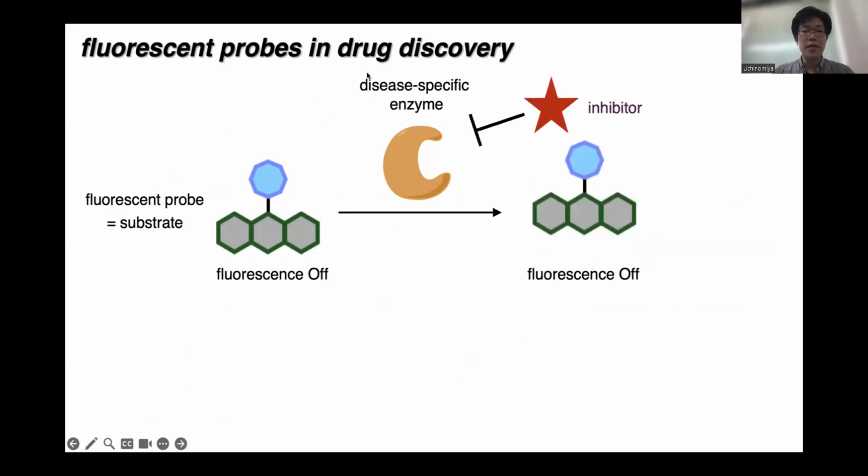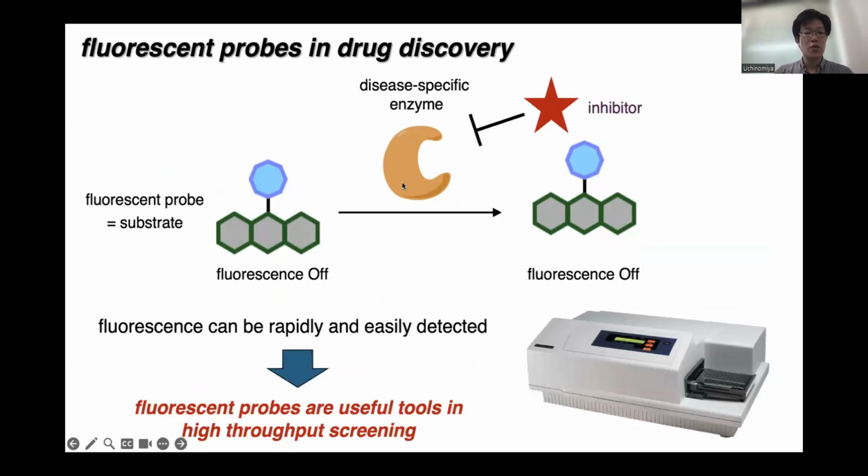And if an inhibitor stops the function of the enzyme, we cannot observe the fluorescence. Importantly, the fluorescence can be rapidly and easily detected with a plate reader like this. That's why fluorescent probes are a useful tool in high throughput screening.